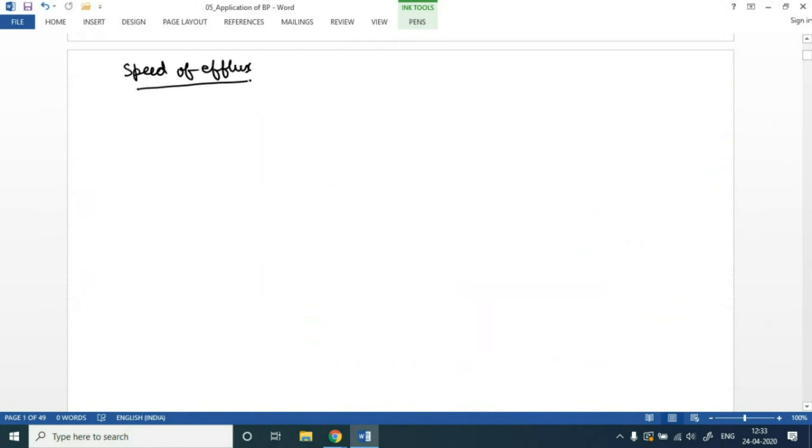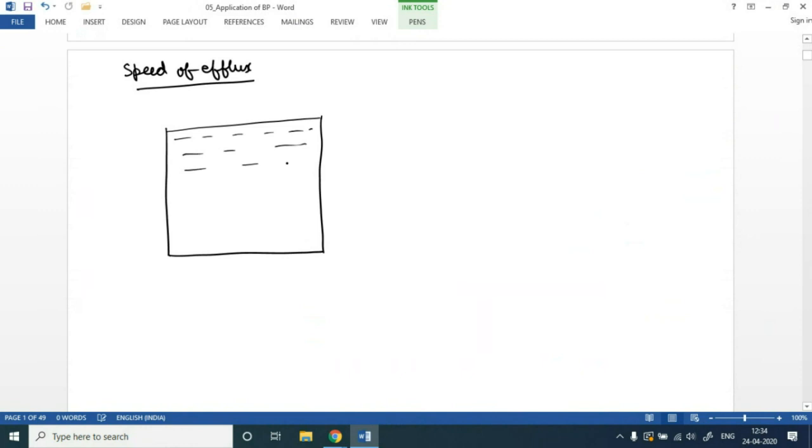Okay, speed of efflux. Let's imagine that there is a container of wide base. Wide base means its cross-sectional area is large, and some ideal liquid, that means incompressible and non-viscous, is filled in this container.